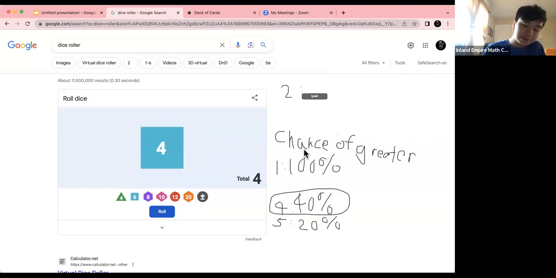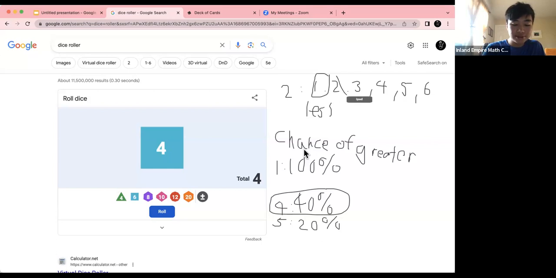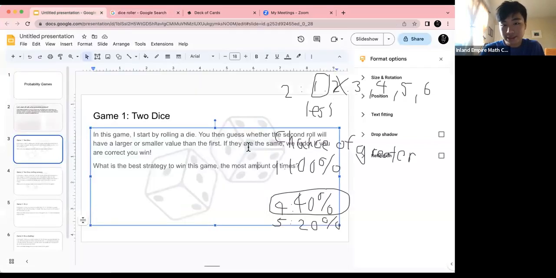So if we have 2, then 1, 2, 3, 4, 5, 6, well, it will be less if it's 1. 2 we can just ignore, since we remember the rules of the game say that if it's the same, then we redo.